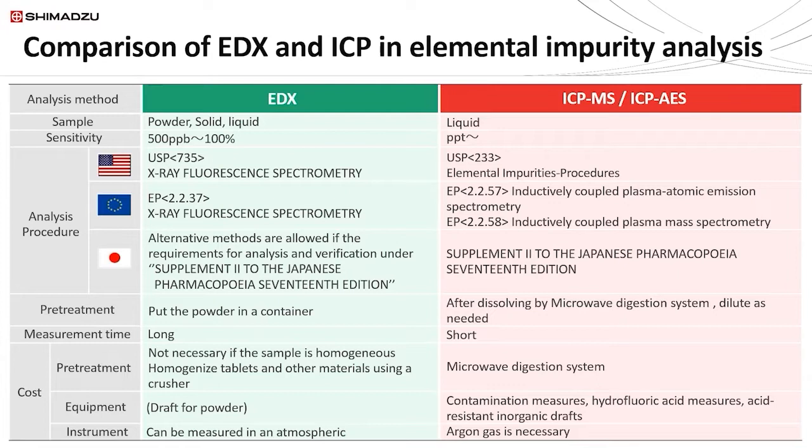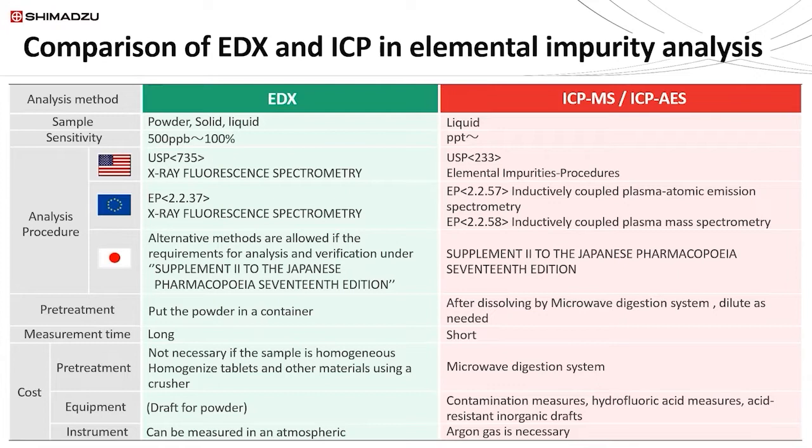The pre-treatment for EDX is very simple. You just simply put the powder in an XRF container. ICP-MS is very complex. You have to dissolve using something like a microwave digestion system with acids, and you need to dilute as needed. The measurement time for EDX, particularly for impurities in pharmaceuticals, is what I'd quote as long.